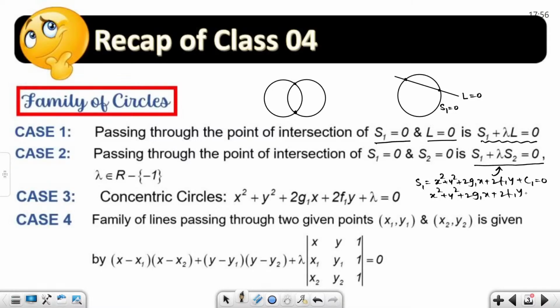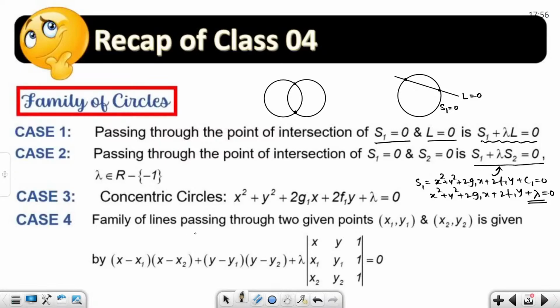Only the constant term will differ, because concentric circle means we are having the same center. Only the radius differs, and that's the reason why I have added a parameter lambda instead of the constant c1 given in the original equation of the circle.